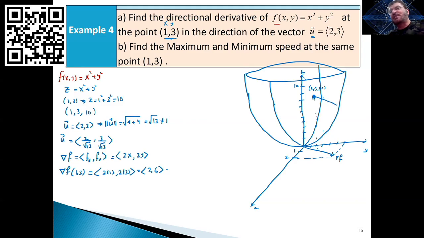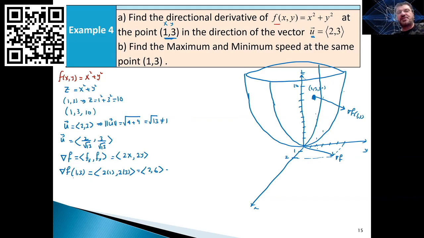So this is actually the gradient of f at the point (1, 3). So here is the gradient, guys. This vector, by the way, is perpendicular to the surface at that point. Imagine there is water coming up from this hole, going straight. This is exactly the gradient.